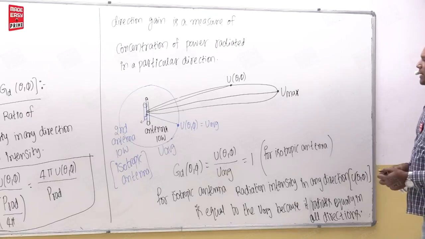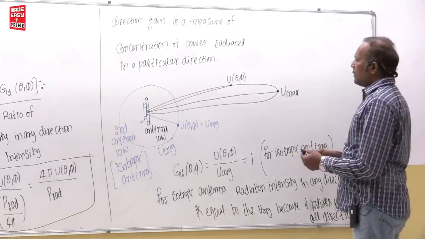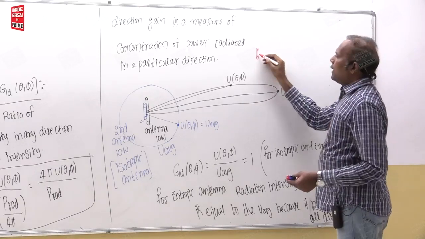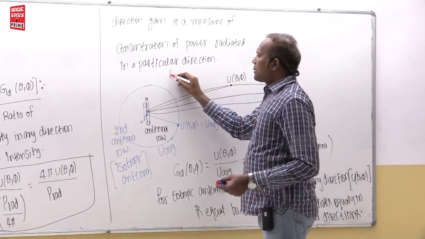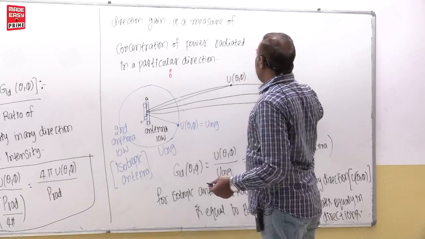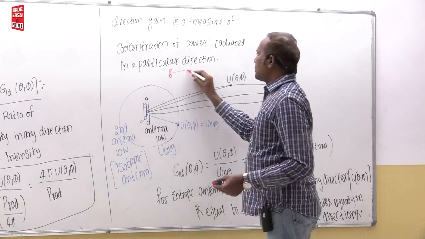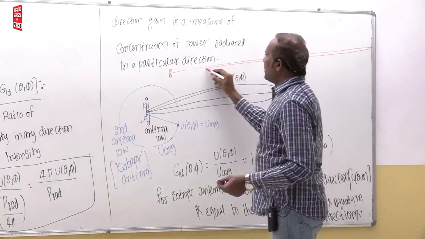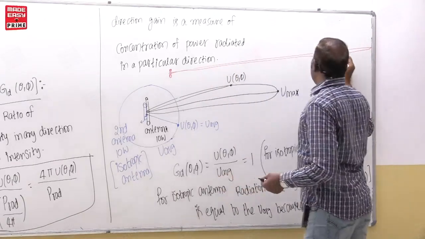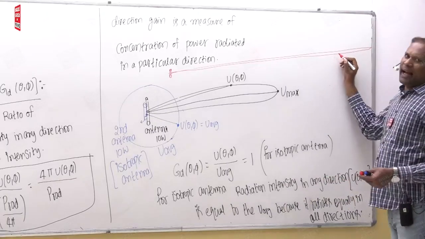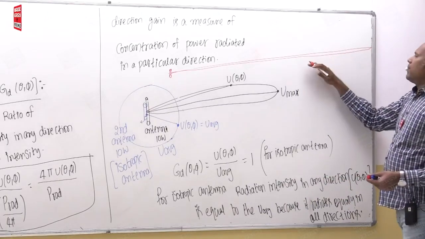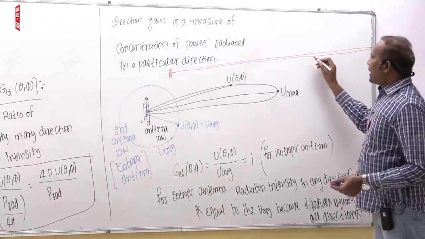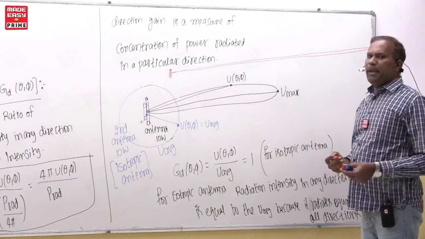It goes for larger distances. That is called a pencil beam. For this, directivity is very high, because it is sending power for longer distances. It is targeted power.